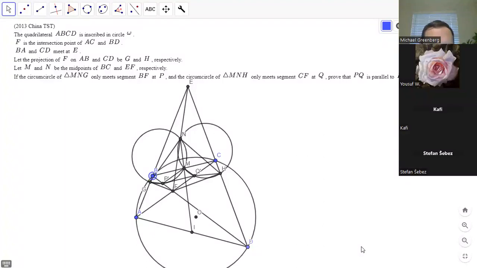So we have NG. If we prove that NMG is congruent to NMH, then this will give NMG and NMH.